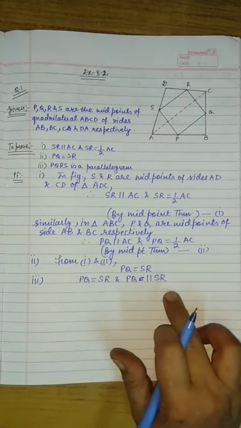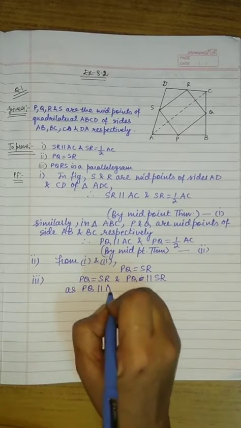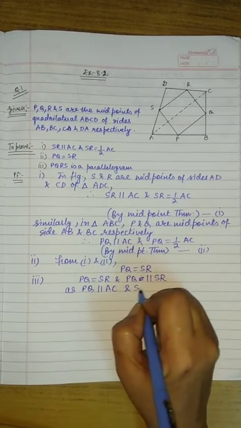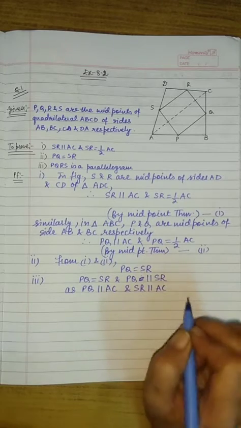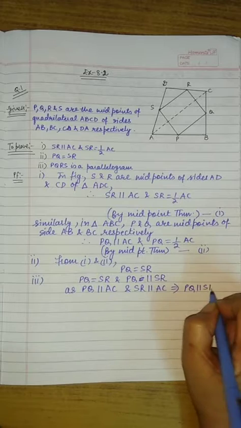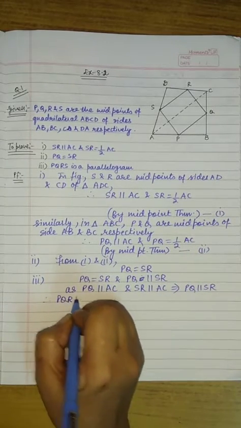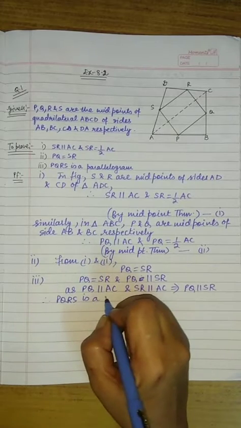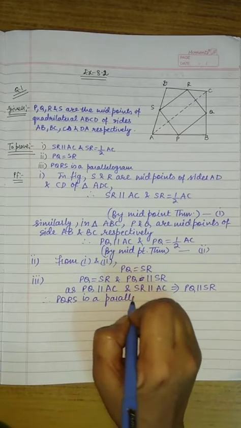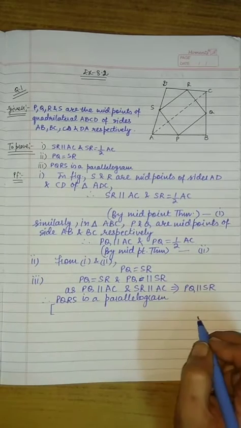Why PQ is parallel to SR? As PQ is parallel to AC and SR is also parallel to AC. It implies PQ is also parallel to SR. So PQRS is a parallelogram. Why is it a parallelogram?